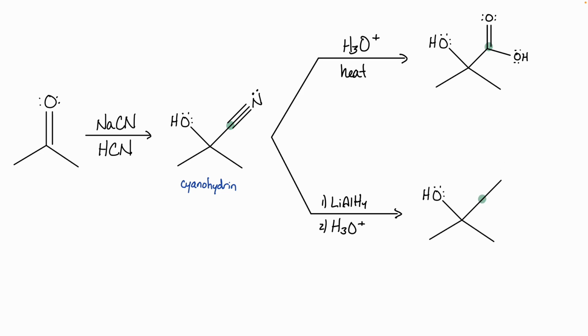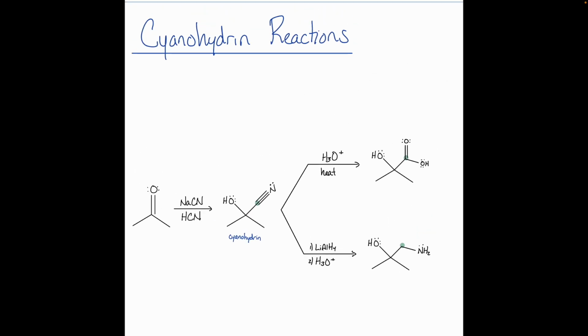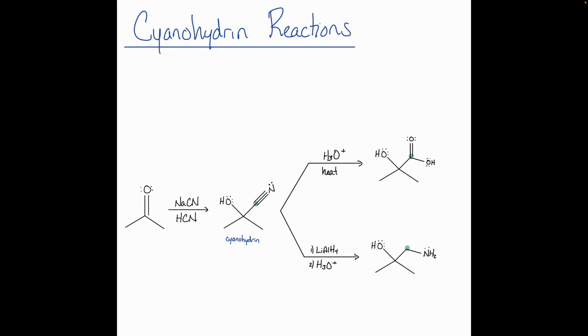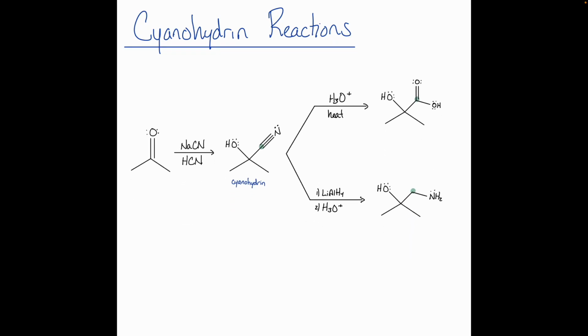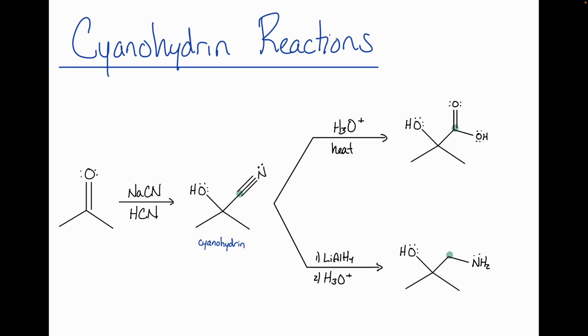We will get, instead of a carbon-nitrogen triple bond, a carbon-nitrogen single bond, which means that we have an amine group. I kind of feel like this is an odd place to put these reactions, but whatever, they tacked them on to the end of this chapter here.